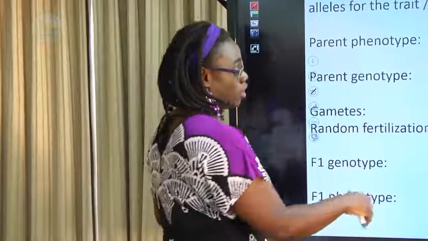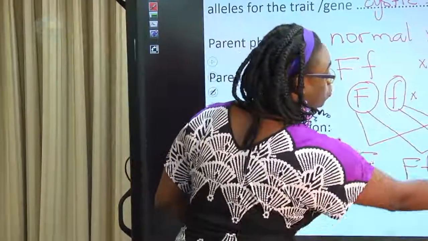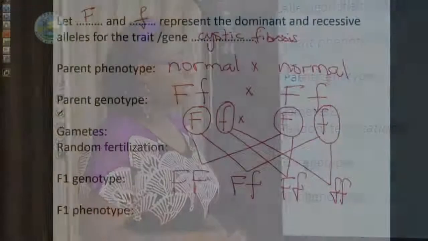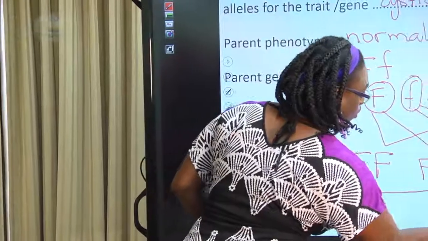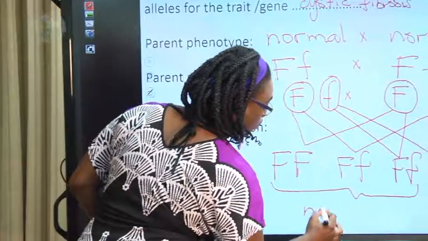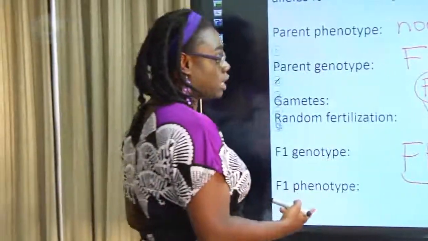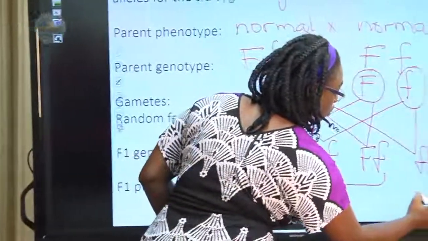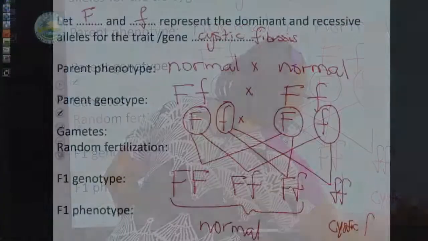So we have capital F, small f by 2, and homozygous recessive, meaning small f, small f. So the phenotypes of these children will be, all these here will be normal because of the presence of that dominant allele, and this one will have cystic fibrosis.